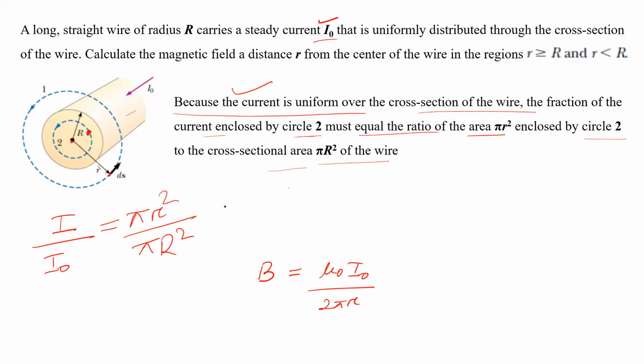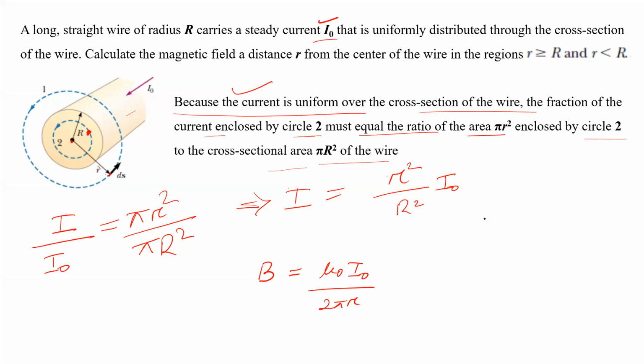So what is the fraction of current in this area that we are trying to find out? That is equal to r square divided by R square into I0, after canceling pi; it is just cross multiplication.